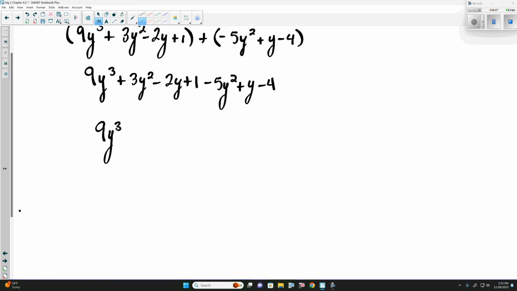The next thing we can do is put our like terms next to each other. Well, 9y cubed does not have any like terms, but our positive 3y squared does, and it is our negative 5y squared.